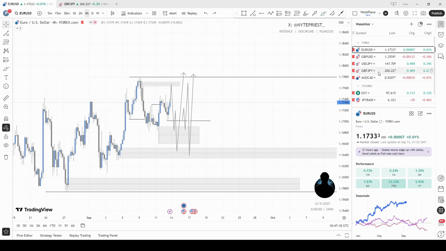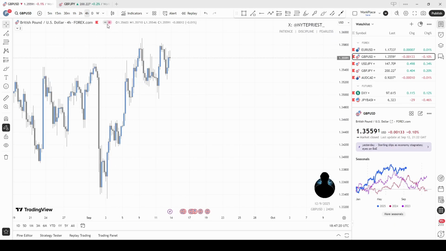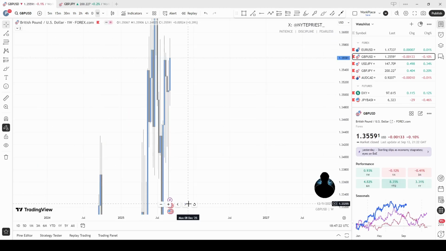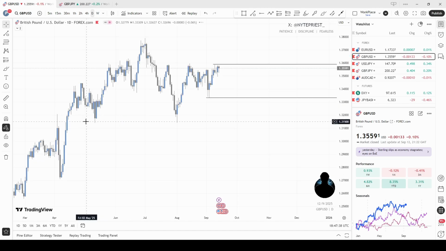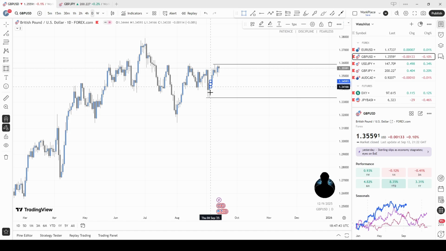So let's go to the GBPUSD. On the GBPUSD, on the weekly time frame, we're having this swing low and this high. Okay. On the daily time frame, we're having this open demand.